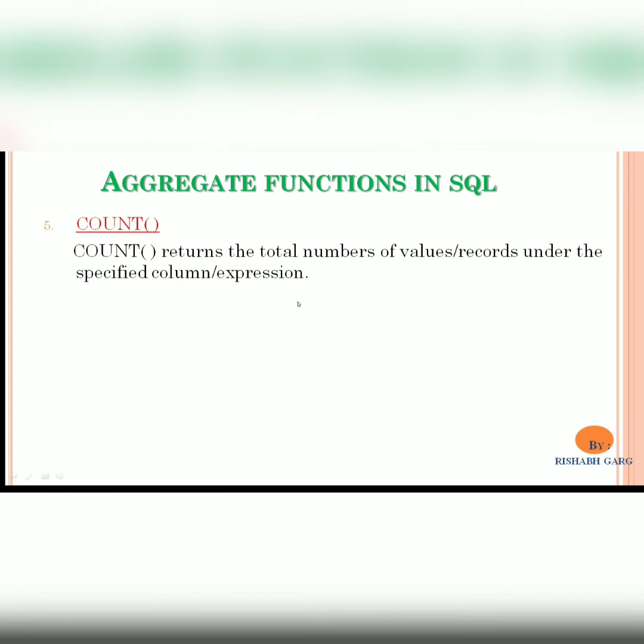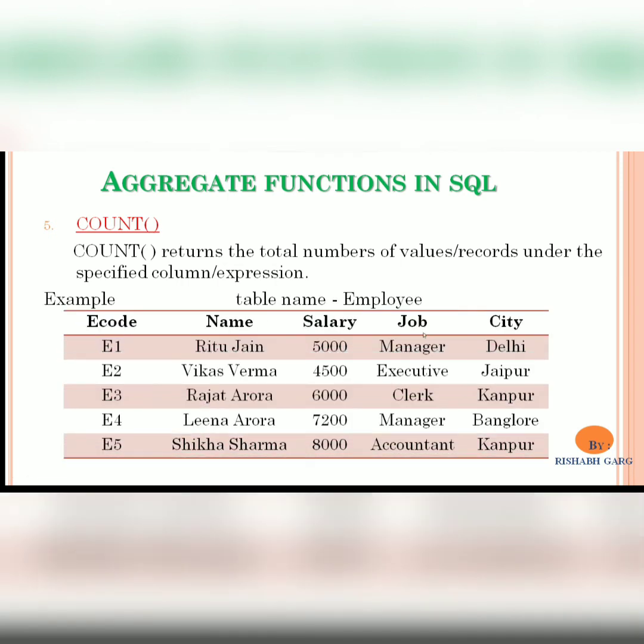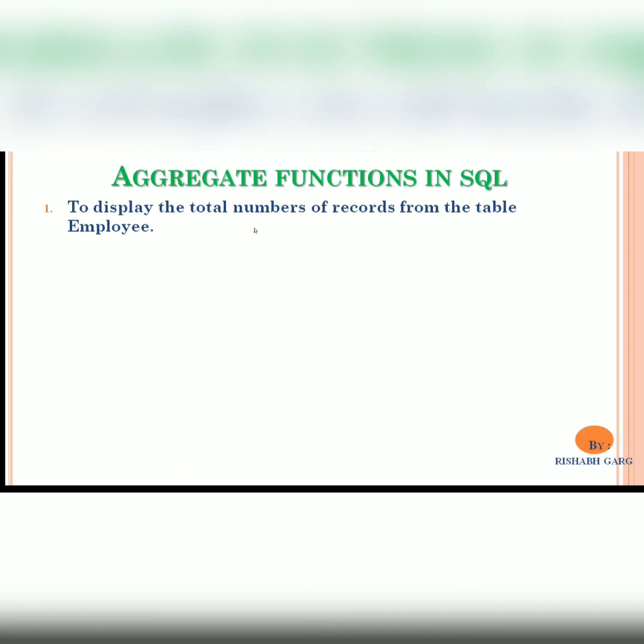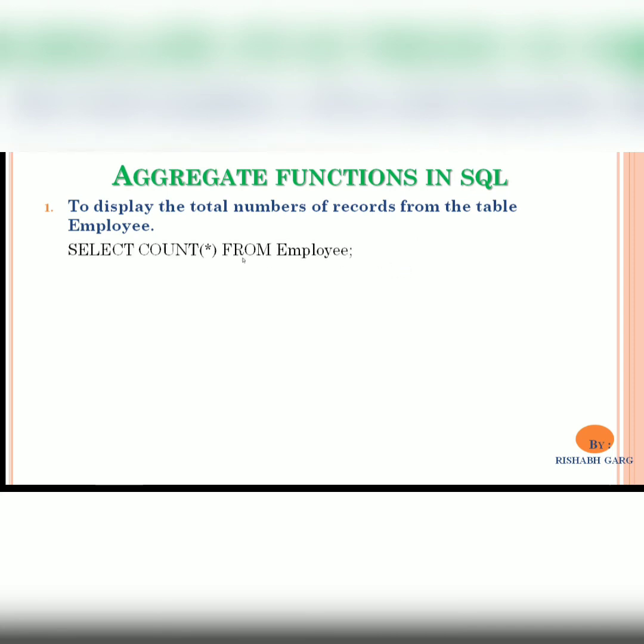Let's take an example to understand this. Suppose we have a table named employee along with 5 fields and 5 records, and we want to perform some queries. Number 1, to display the total number of records from the table employee. For this, we will execute the following command. First, we will write the select statement. After that, we will use the count function.